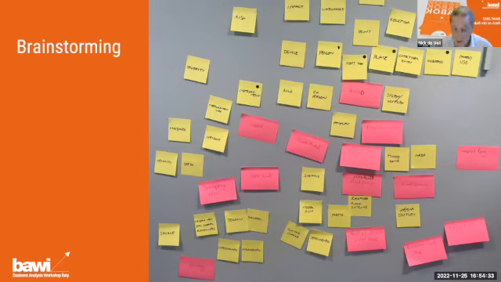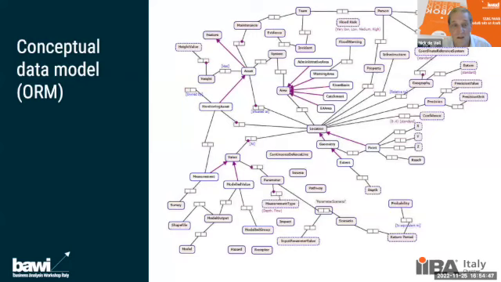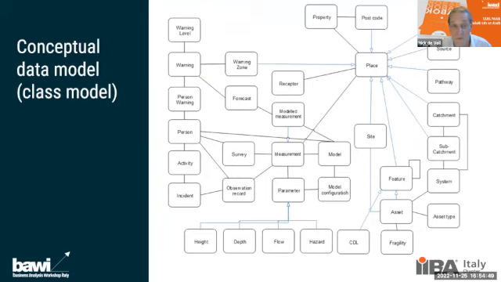So you can put sticky notes on the wall. You will find that people will put things on the wall that shouldn't be there, but that's fine. They can still put them there, and you can transform them into an ORM model and then into a more structured conceptual data model.